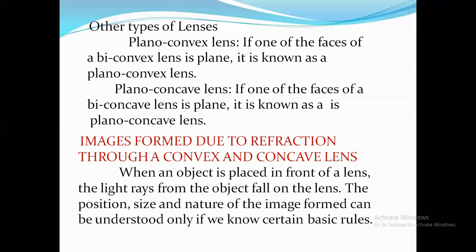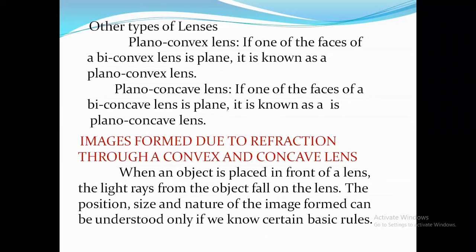So the image is formed by the concave and convex lenses. How is the image formed? The image is formed due to refraction through a convex or concave lens.